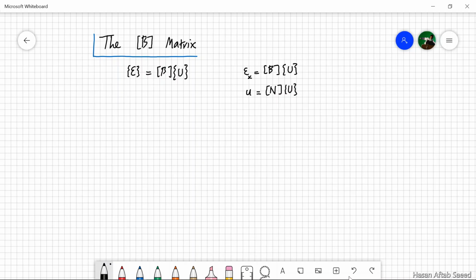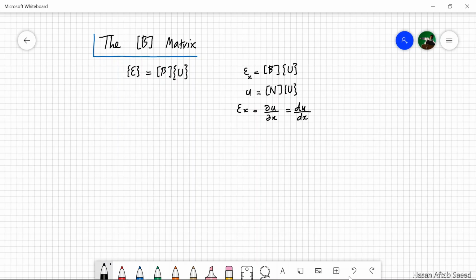Now, how we calculated the B matrix in that case was like this. We started with the definition epsilon x. This is the general definition for epsilon x, but in the case of 1D problems, it simply takes the form d over dx.